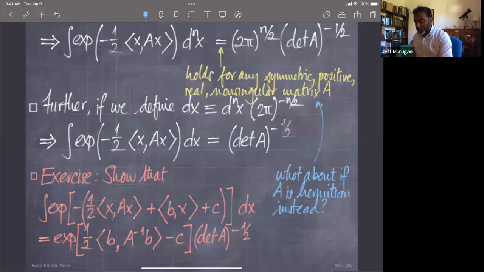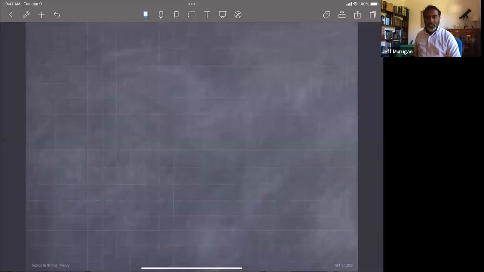Let's try and answer that, and we'll see that there is actually a change. If A is Hermitian instead of real symmetric, then the Gaussian integral that we start off with is the following instead.